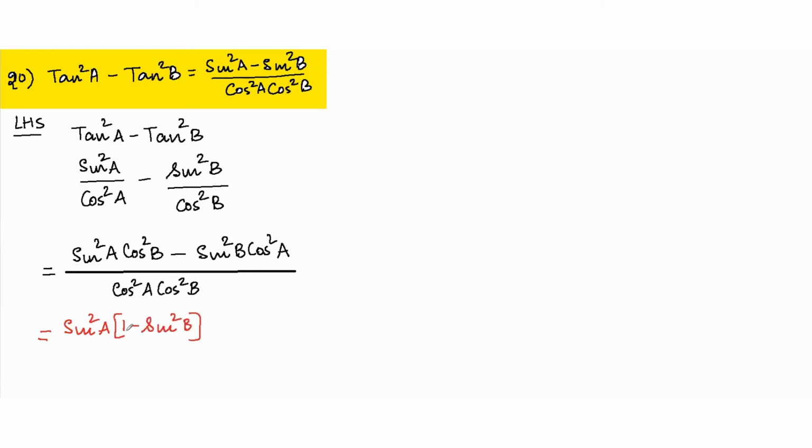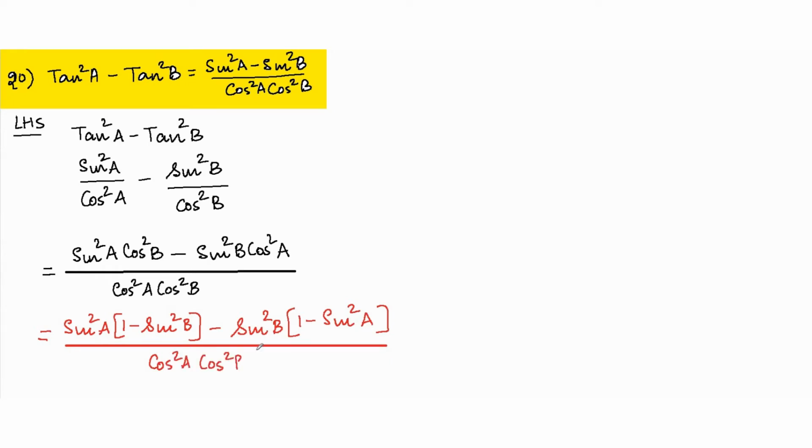So cos square B is 1 minus sine square B, and cos square A can be written as 1 minus sine square A, the whole divided by cos square A cos square B.